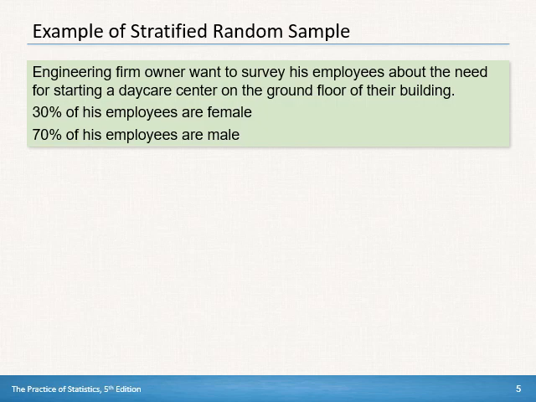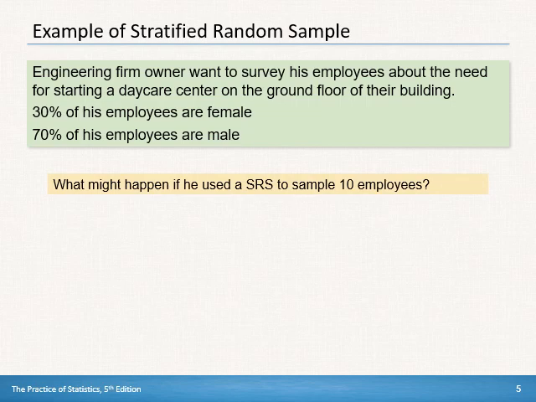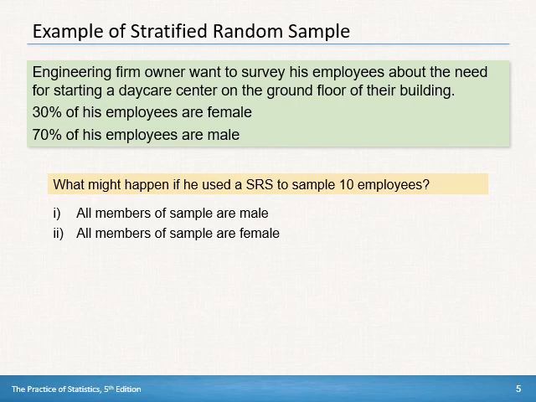So what might be an issue here if we don't use a stratified random sample? If we just use an SRS of 10, what would happen if, just by chance, all 10 that I sample are male?